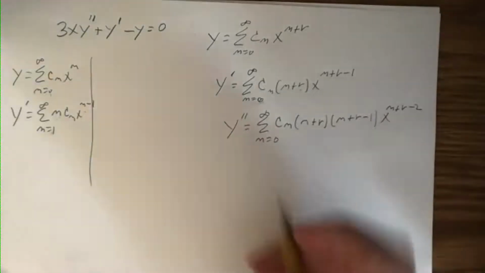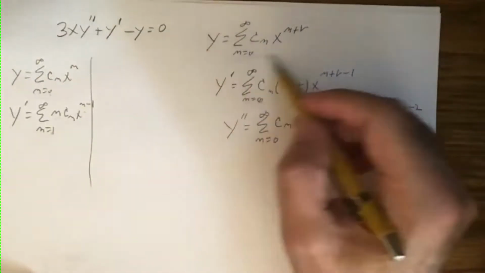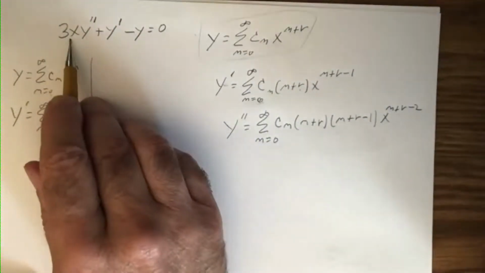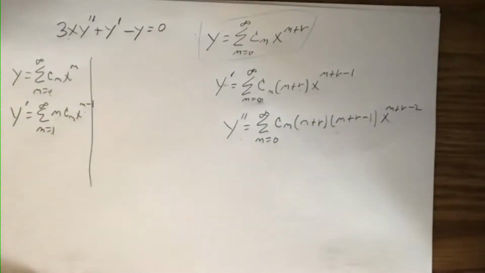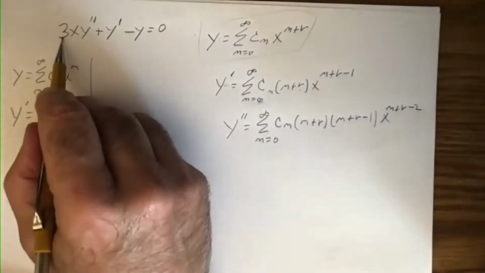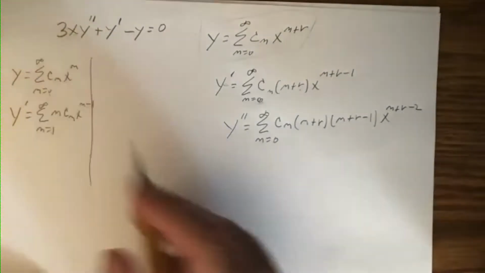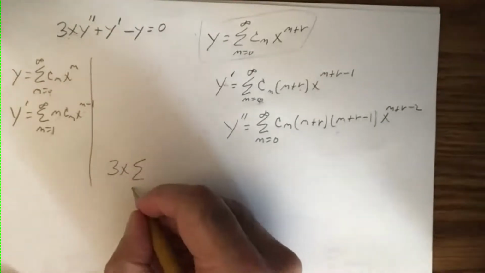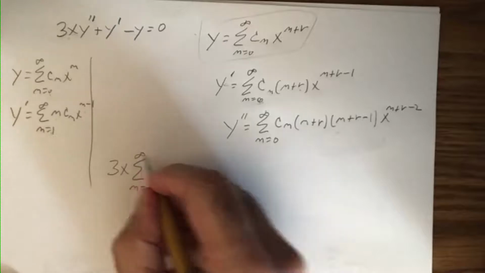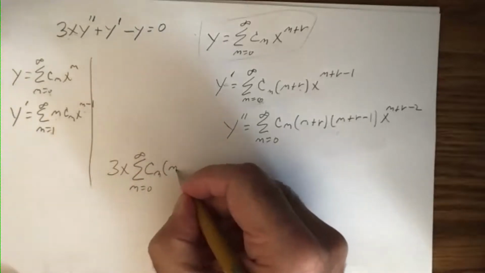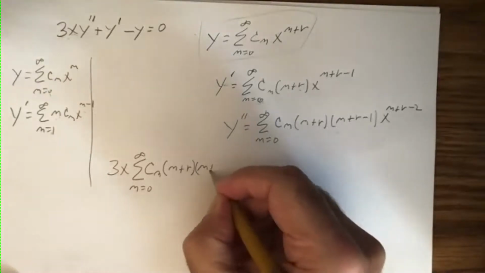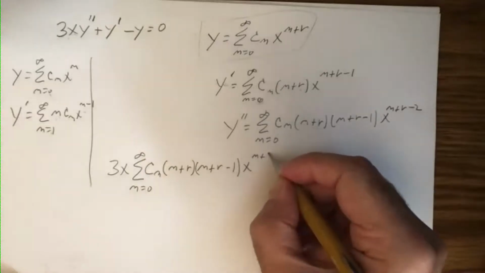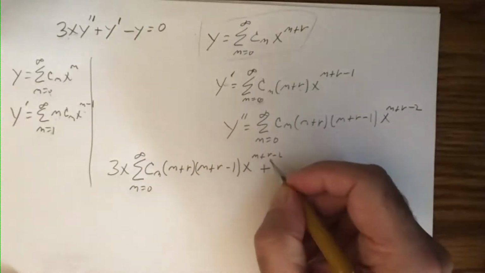Any questions so far? So that's all I did here. I'm assuming this is the solution. I take the derivative, take the second derivative. Now I'm just going to plug it into the equation. Here I got a 3x. Let me not skip a step. Then I have a plus, and then minus.